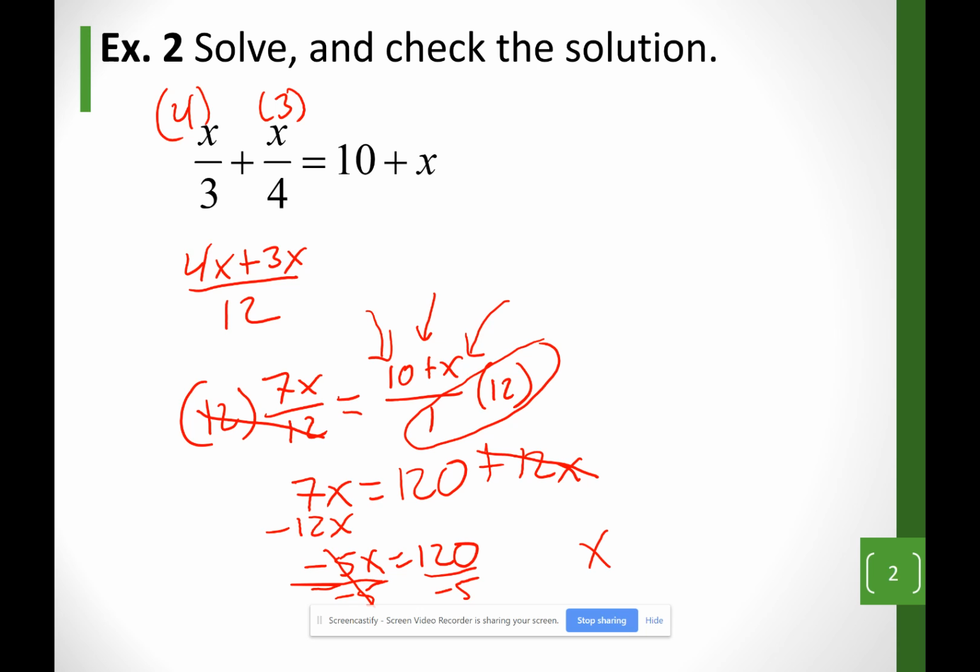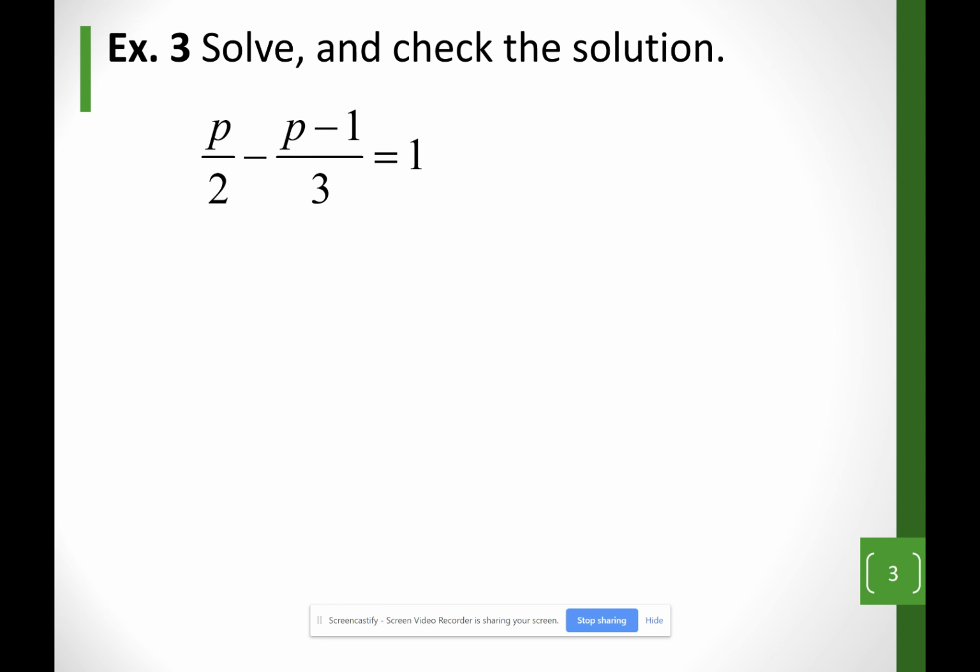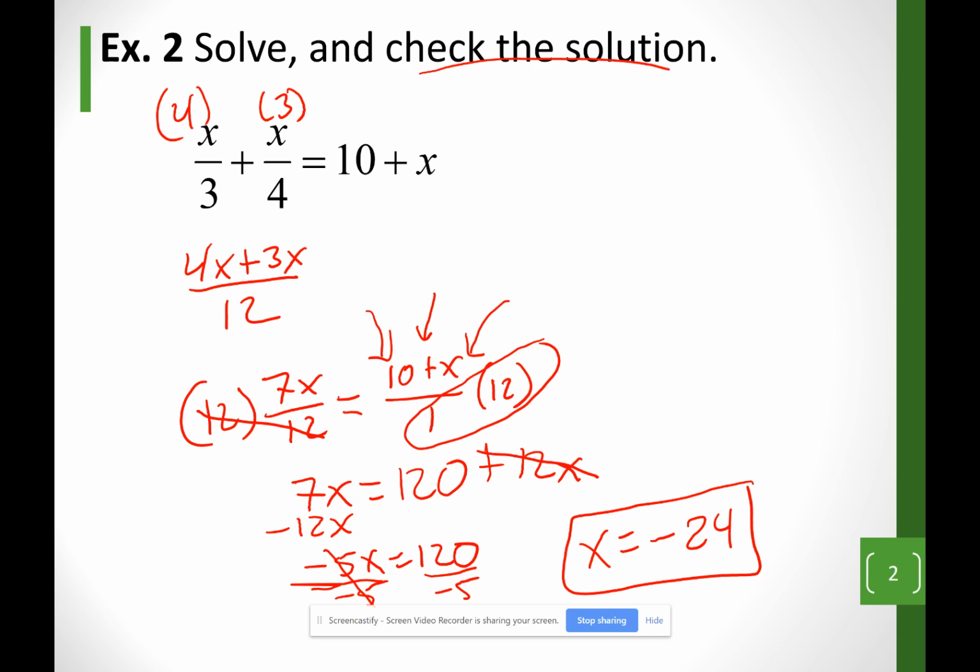We're going to get x is equal to negative 24. Here, actually, on my MyMathLab, you're going to have to check the solution. All it says is x equals negative 24. Plug it into all your values of x, and you're going to get an answer for the left and an answer for the right. You're going to notice that they are the same thing. You don't have to check it on the quiz or test.